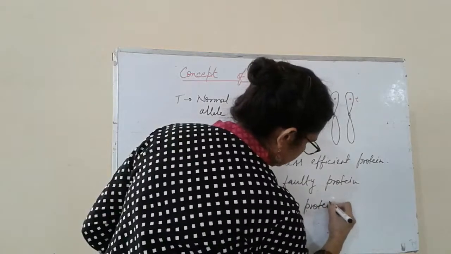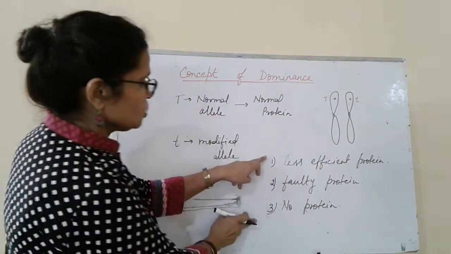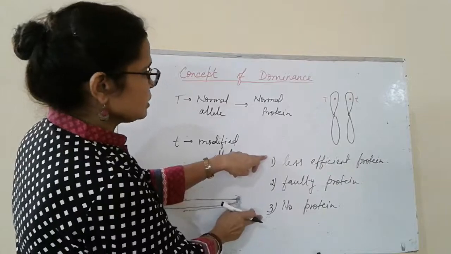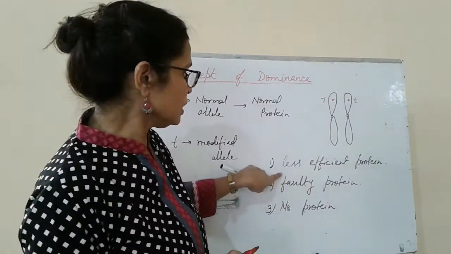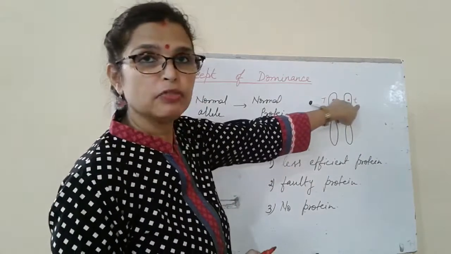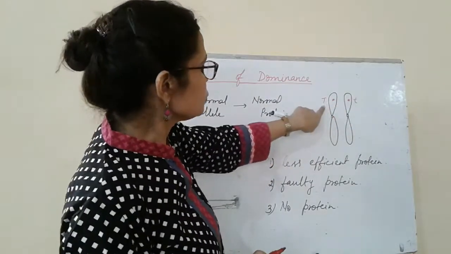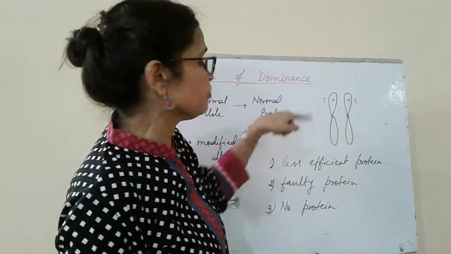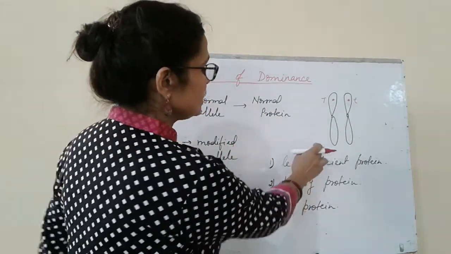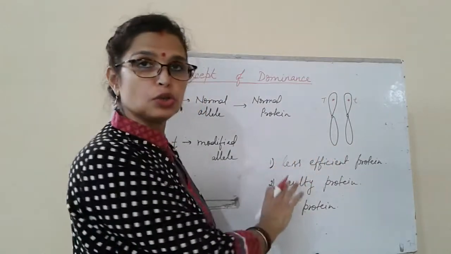So these can be three situations by the modified allele. If less efficient protein is produced by this modified allele, then this normal allele produces more protein to compensate the deficiency, and in this case the plant is tall.